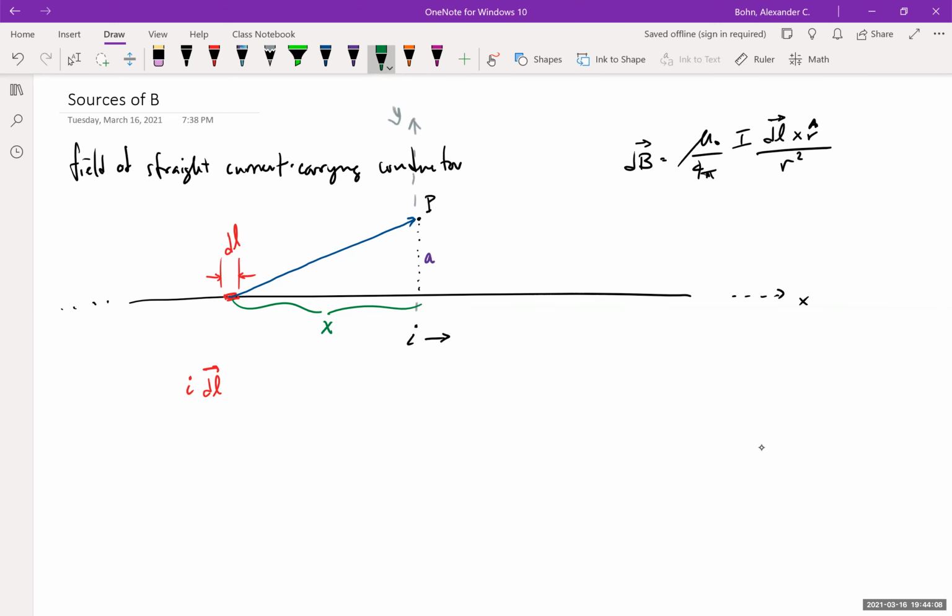All right, so we know the magnitude of the point-to-point separation distance.